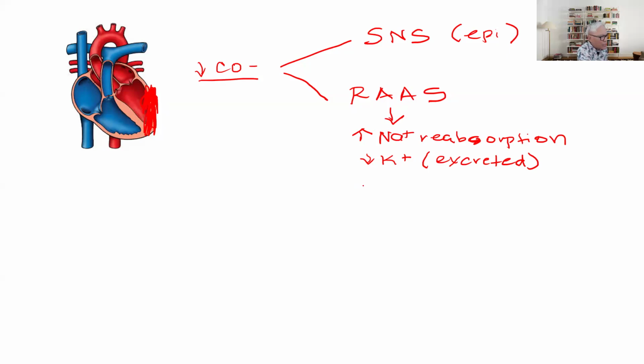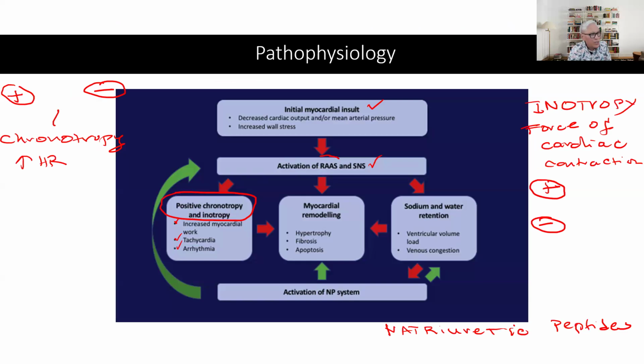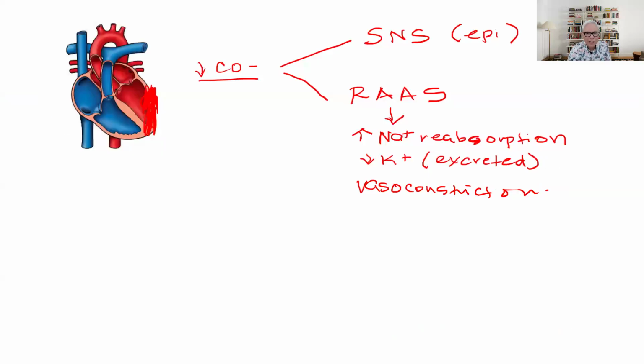Angiotensin 2 will cause vasoconstriction. So all these things are going to precipitate the things that we had illustrated over here, which cause all the effects that we're going to be discussing as the signs and symptoms of heart failure.